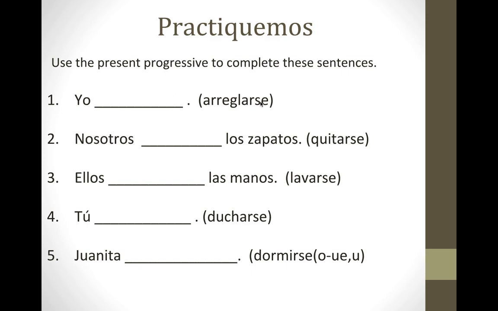Then we have to make sure that this se matches the subject. Okay, so it turns to me, and then place it in the right area. So you have two options here. You can say me estoy arreglando or estoy arreglándome. Okay, please pause me. Do practice numbers 2, 3, 4, and 5, and then we'll check our answers.